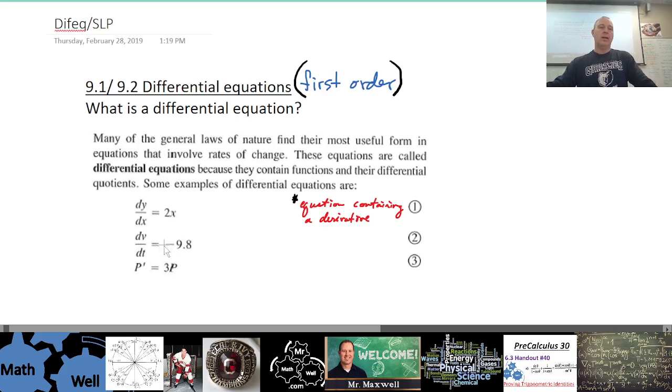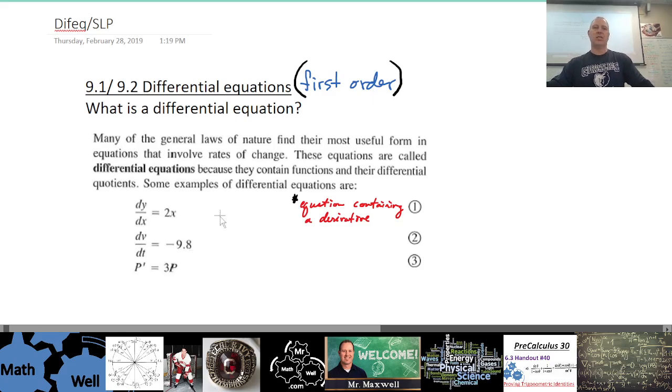So another one, dv over dt. So this could be velocity. Okay, the rate of change of velocity with respect to time. Okay, negative 9.8, and we'll do an equation that uses that. Actually, does negative 9.8, does it ring any bells for any of you physics students? Okay, so negative 9.8, yeah, so what is that?